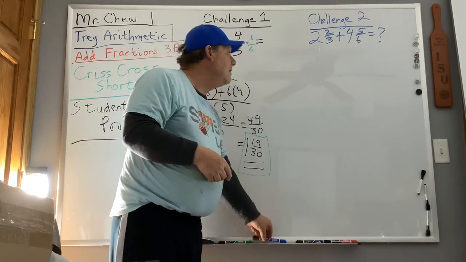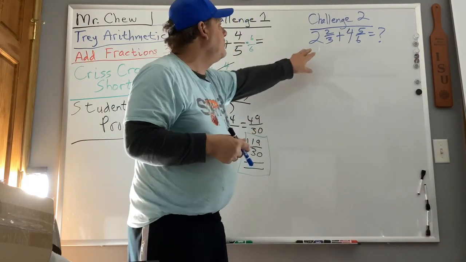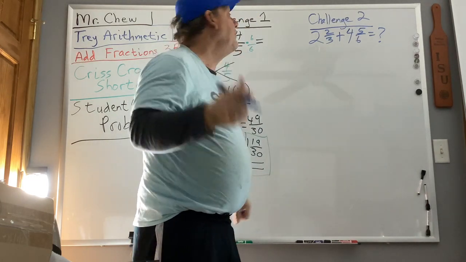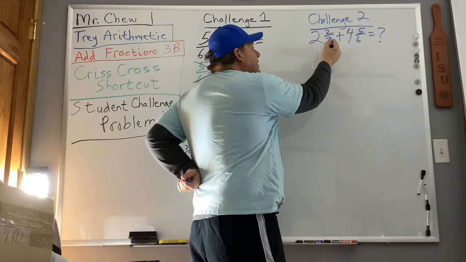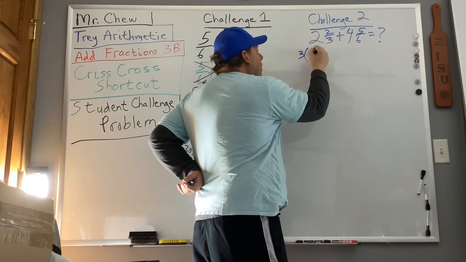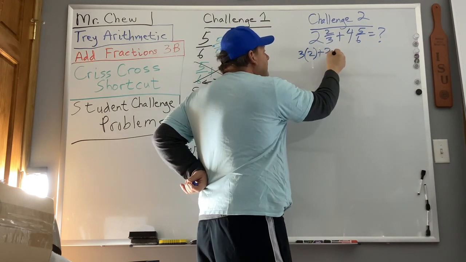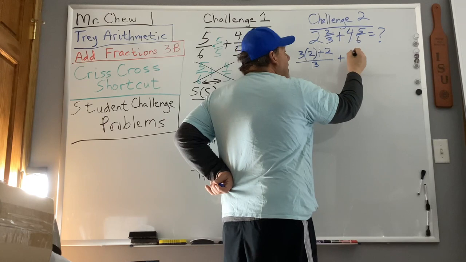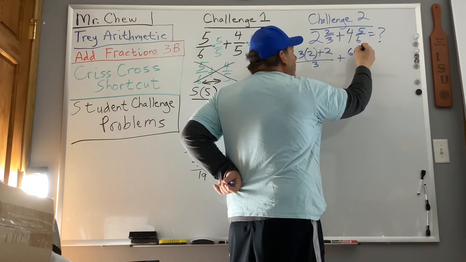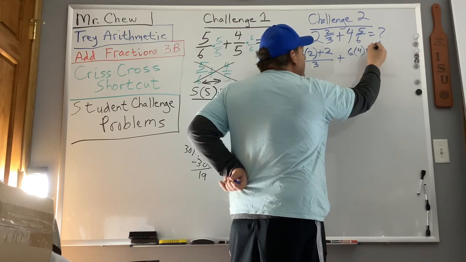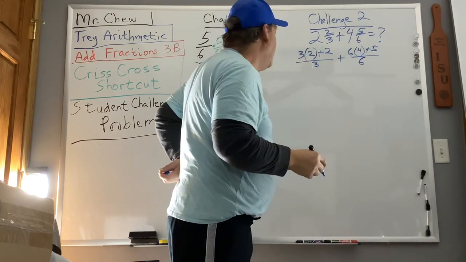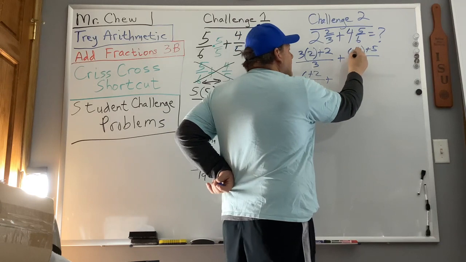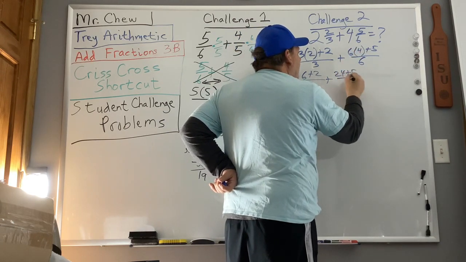So let's go ahead and look at this problem here. The first thing you have to do on challenge 2 is to change the mixed numbers into improper fractions. And the way you do that, you take the denominator times the whole number plus the numerator over that denominator. 3 times 2 is 6, plus 2 over 3, plus 6 times 4 is 24, plus 5 over 6.